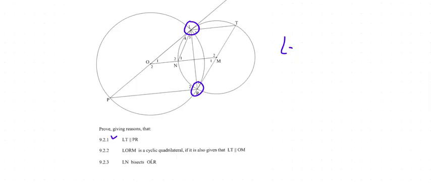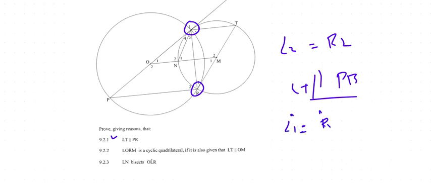Now 9.2.2 is that LORM is a cyclic quadrilateral, given that LT is parallel to OM. As we know, L1 equals R1, L1 equals O1 and R1 equals O1. So L, O, R and M are concyclic, so LORM is a cyclic quadrilateral.